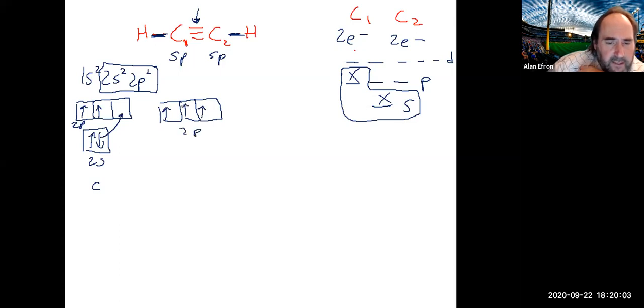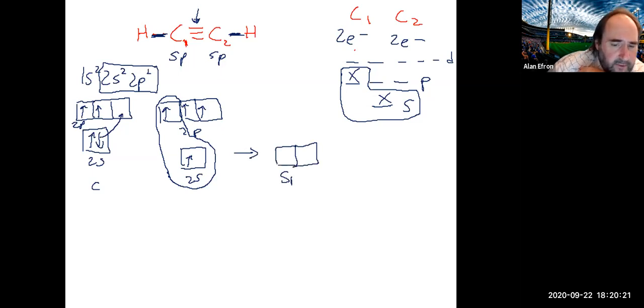We will have 1 electron in the 2s orbital. And because we identify this as sp hybridization, we're just going to hybridize 1 of each of these guys. And because we hybridize only 1 of each, that will give us 2 equivalent sp hybrid orbitals, each with an electron in it. And now in this case, what we're left with is 2 unhybridized p orbitals that both have an electron in it.